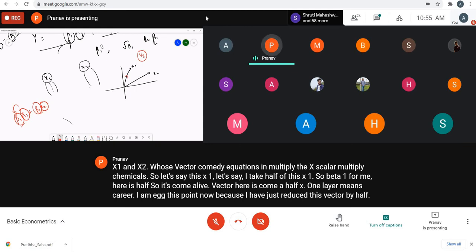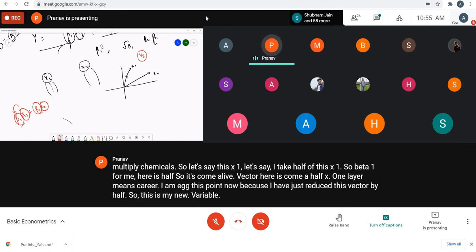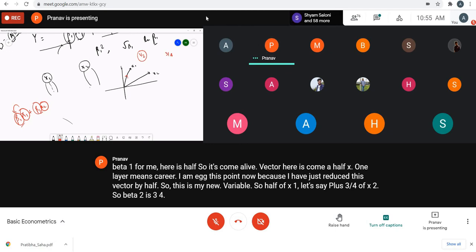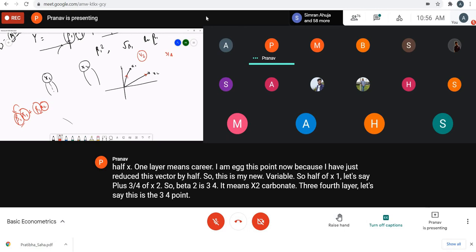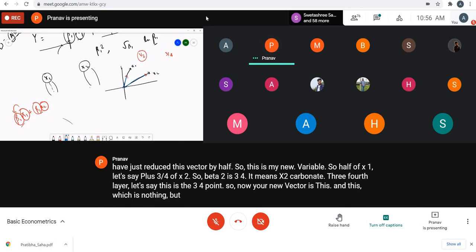So now this is my new variable. So half of x1, let's say plus 3/4 of x2. So beta2 is 3/4. It means x2 का आपने 3/4 लिया. Let's say this is the 3/4 point. So now your new vector is this and this, which is nothing but a certain part of the original vectors that you have.